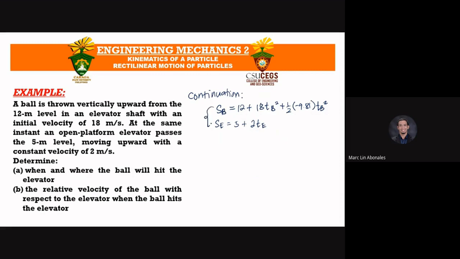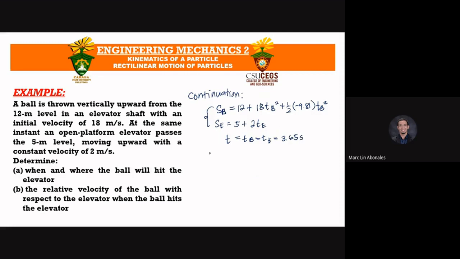So for the final position of the two, you only choose either of the two because you will have the same answer when you substitute the time. Because the time is equal to the time of the ball and the open platform elevator, which is 3.65 seconds.